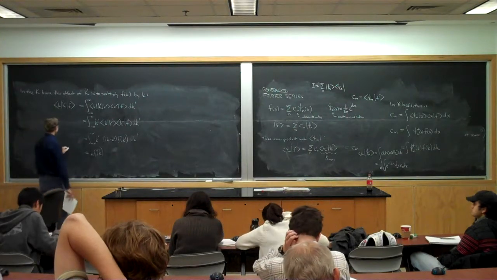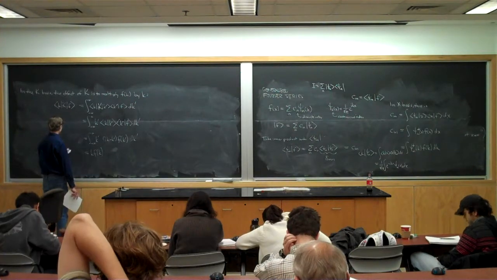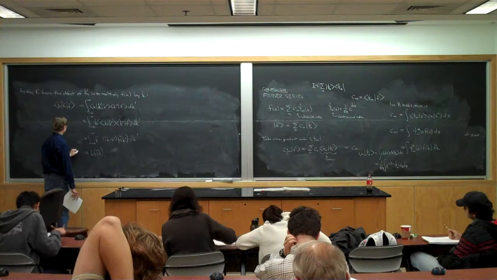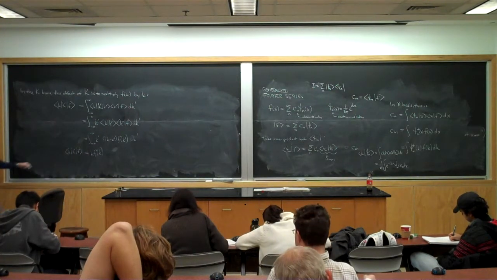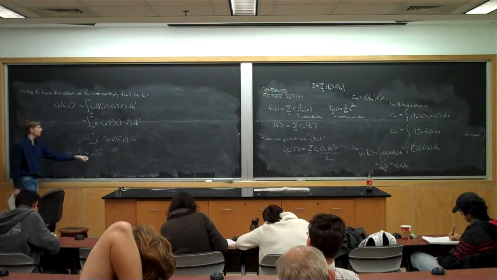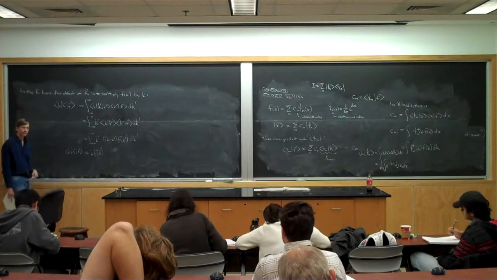So, in other words, we conclude that what k does to functions, if you express them in terms of k, is simply multiply them by little k.